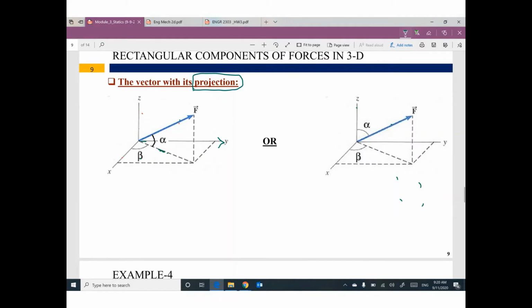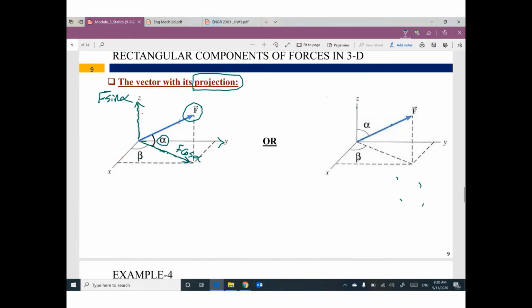We need to break this force between this projection line and this z-axis. Which one will be cosine? Which will be sine? The given angle, this one, I don't care about the name. Alpha, beta, gamma, I don't know. We have an angle given between the force and the projection. So this component will be F cosine. And this component will be F sine, far away from the given angle.